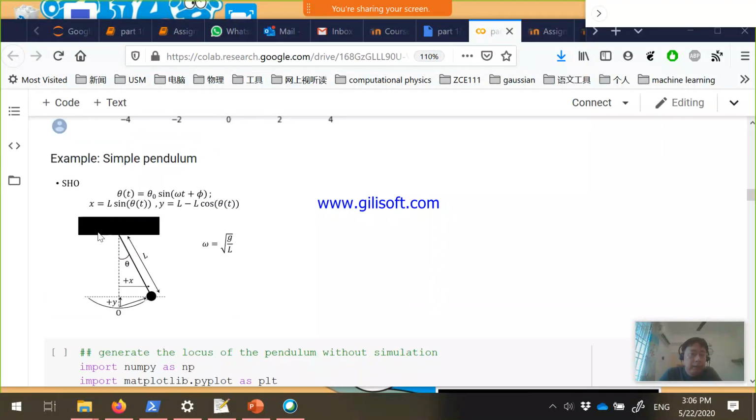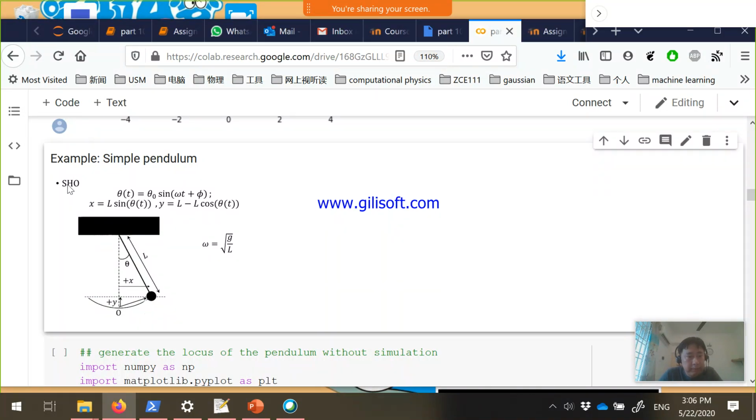The pendulum is a good example of a parametric equation. Look at this example, the simple harmonic oscillator. x is a function of time. When t changes, the angle theta will change, and the angle would cause the x and y coordinates to change.